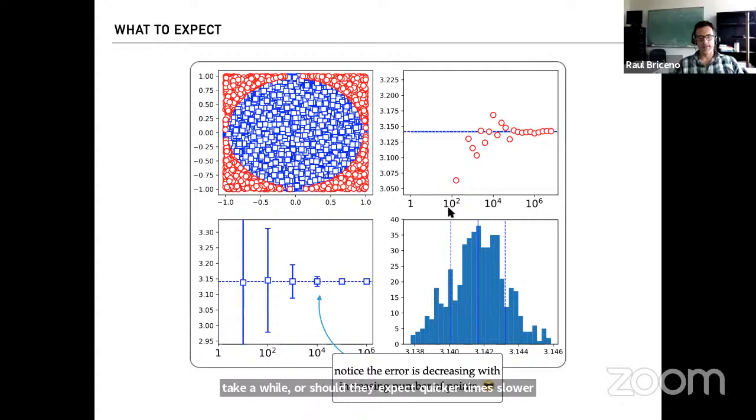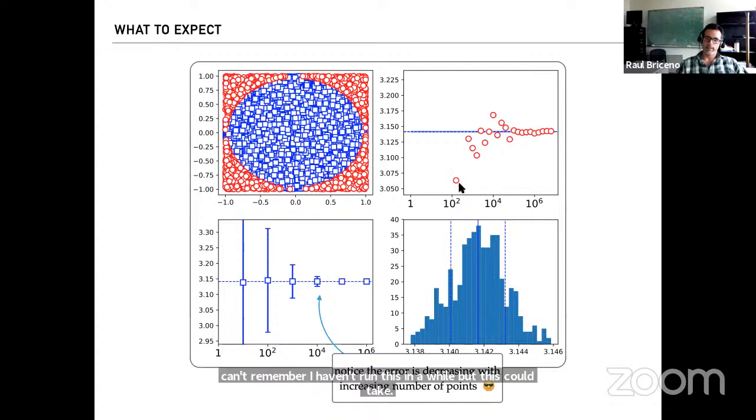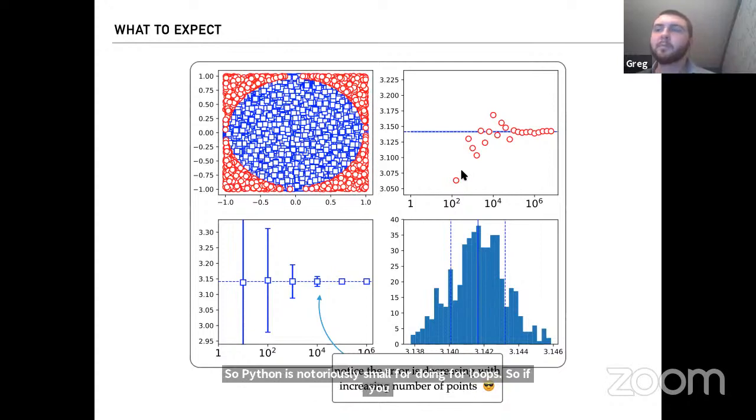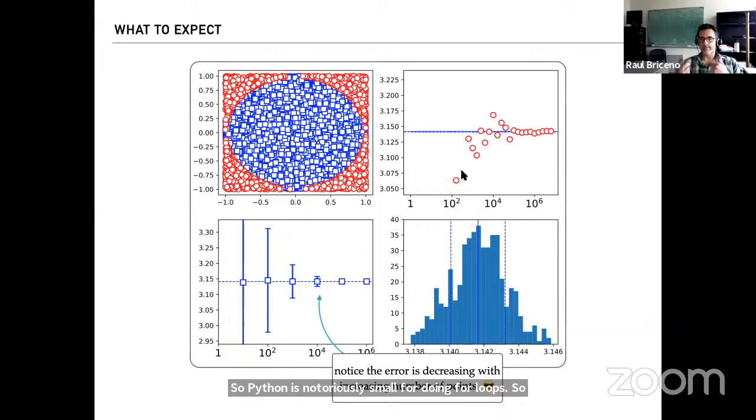It depends. I can't remember. I haven't run this in a while, but if you're doing something that is 100 points, it should be seconds at most, right? And so it should be fairly fast here. The place where you might be able to speed things up: Python is notoriously slow for doing for loops. So if you're doing for loops, especially if they're nested, like double for loops, that could slow down your code quite a bit.